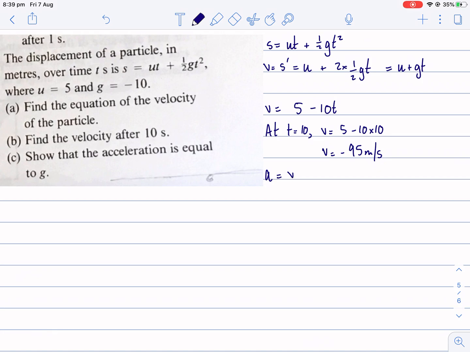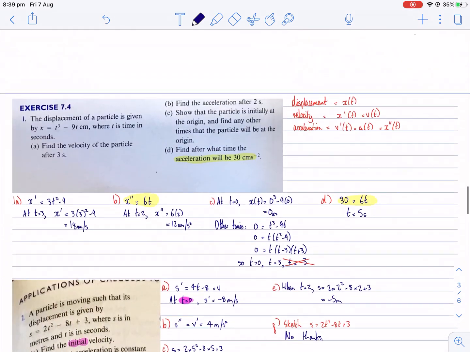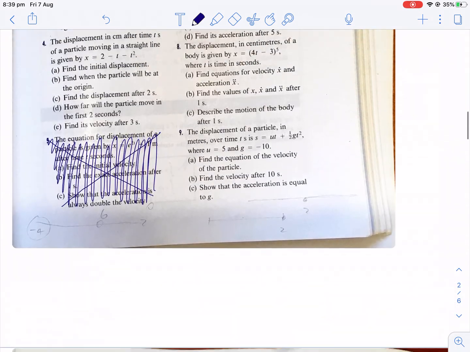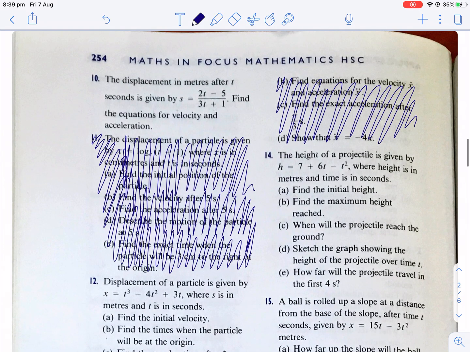The acceleration is v dash, which is g. So that's u times 0 plus g times 1 t to the 1 take 1. I don't know. There's only so much that you can do to show that it comes out as g. That was that one. Okay, 10.